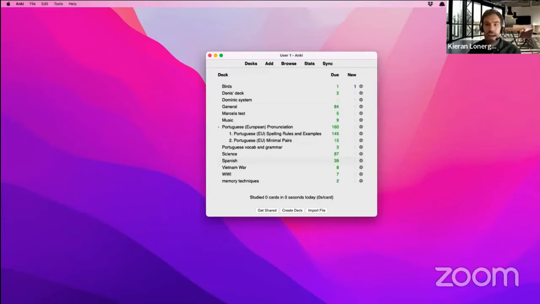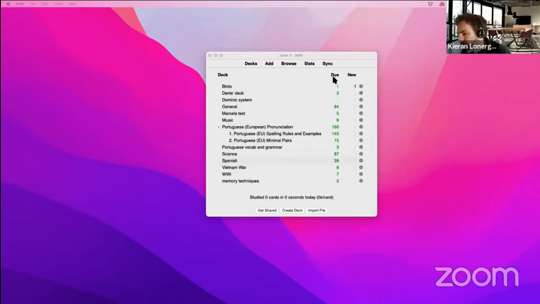As you can see, I have many decks. I've been using Anki to learn about birds, about music. I'm learning Portuguese at the moment, as well as Spanish. I've also been using flashcards to learn about science and history and that kind of thing.